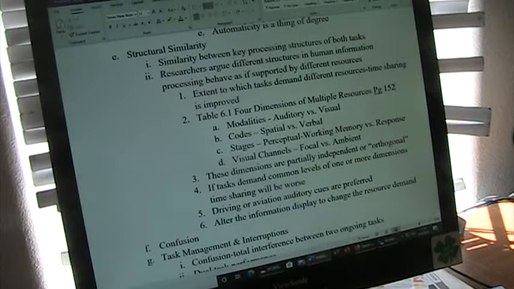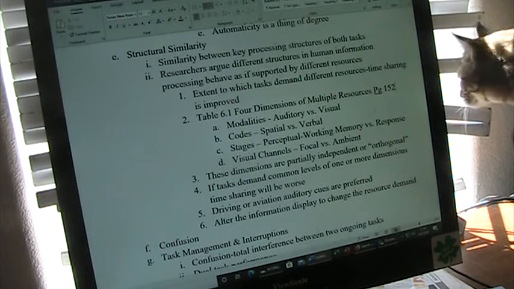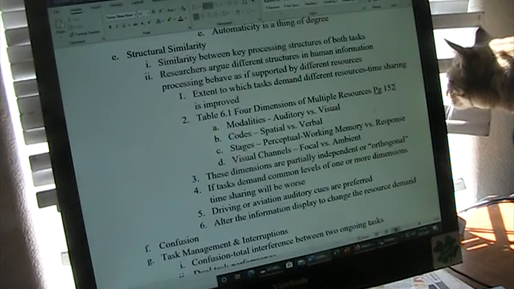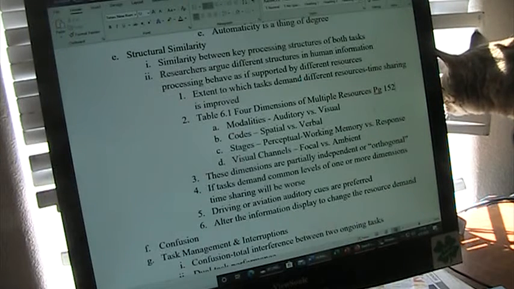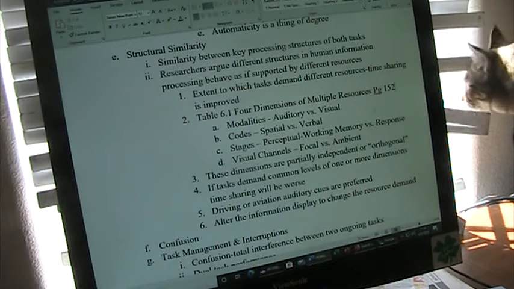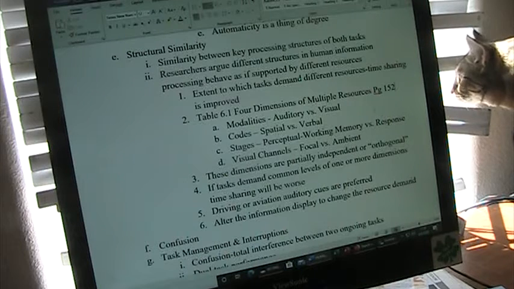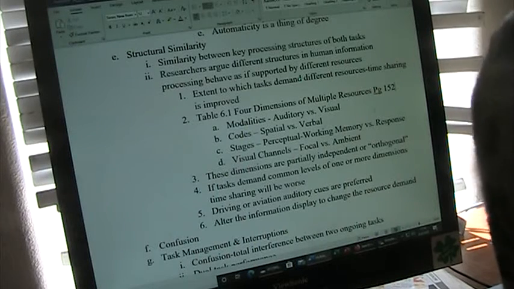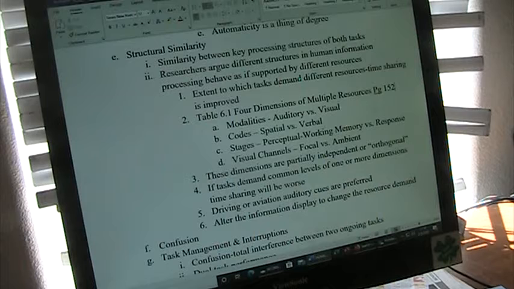So spatial is tracking things, hand pointing, mental rotation, imaging. In other words, using our visuospatial scratch pad.